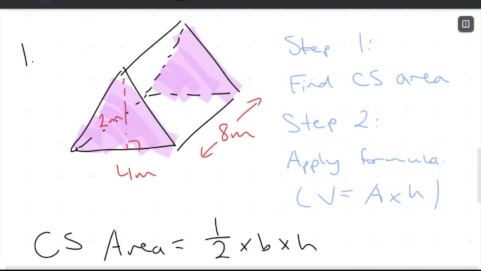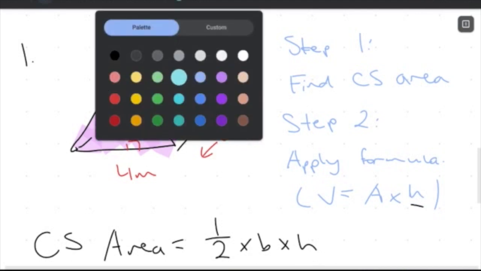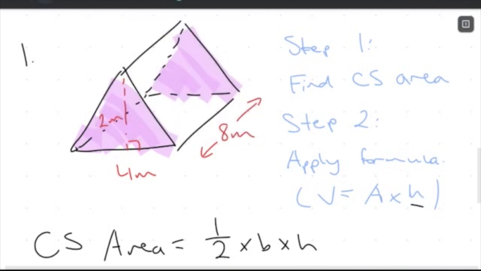Now it's important here because I know I've used height to show the length going away. This is where it gets a little bit confusing, but my H here is different to the one up here. The height I'm looking at here is the perpendicular height. This is just for finding the area of a triangle. So I'm looking at the perpendicular height of the triangle, so this thing right here.